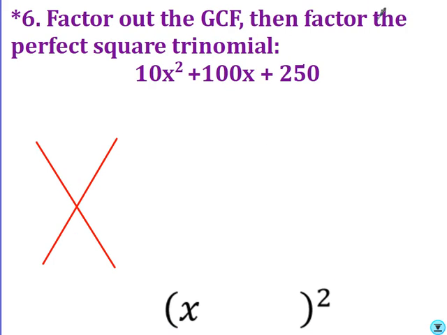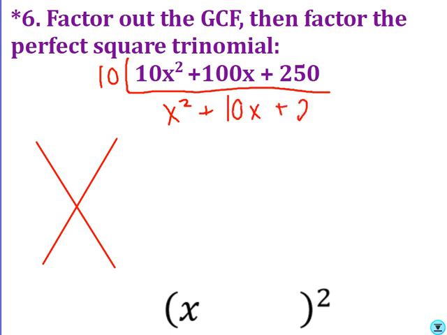Factor out the GCF, then factor the perfect square trinomial. We want to say, what do all three of these numbers have in common? Well, the clear answer here is 10. Use our ladder method, 10, which would leave me with x squared plus 10x plus 25.